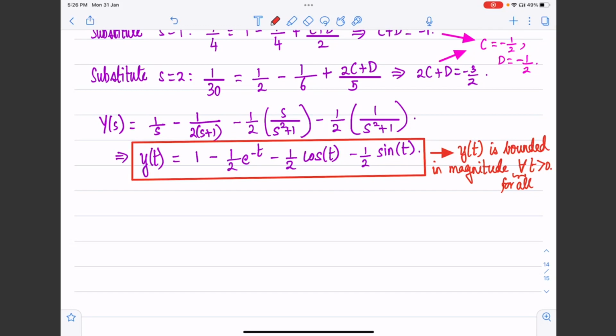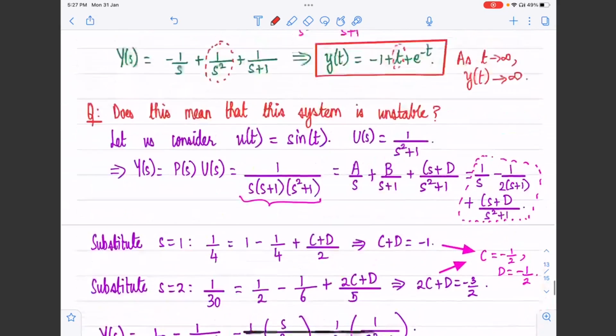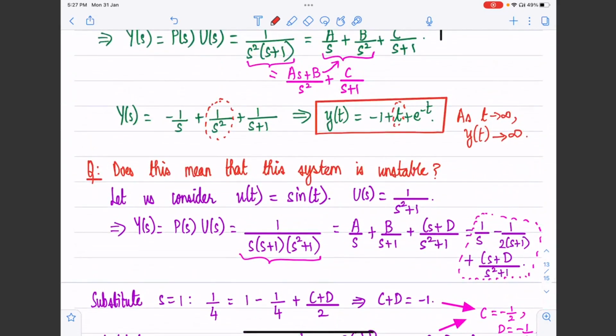We can observe from this exercise that the magnitude of the output function y of t is bounded when we give a sinusoidal input, whereas it was unbounded when we gave a step input to the system.